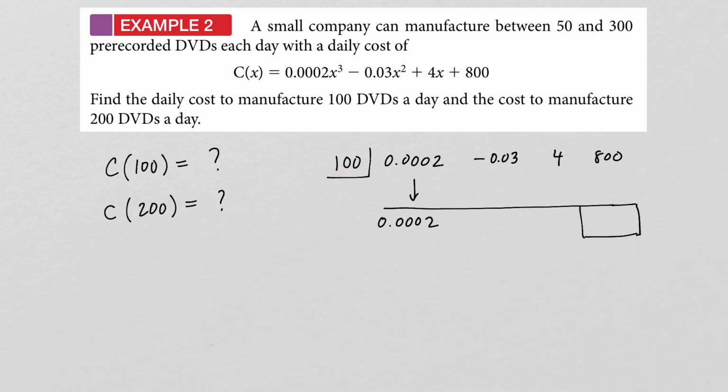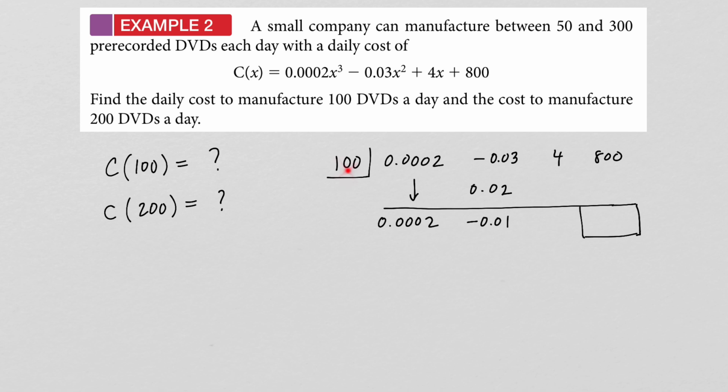So 100 times 0.0002 turns out to be 0.02. And now negative 0.03 plus 0.02 is negative 0.01.